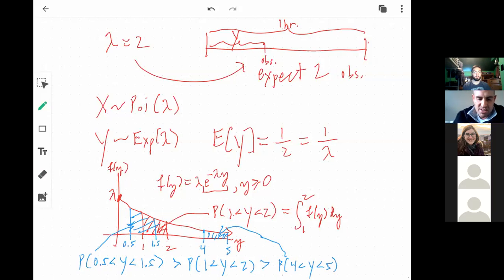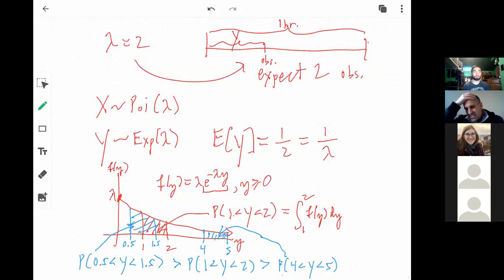That's why in the slides I was saying the lower values are more likely to occur. Does that make sense? Yeah, that makes a lot of sense. Thank you. So the reason you have exponential decay is because the density is just a decaying exponential function.